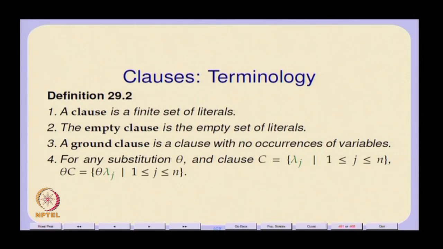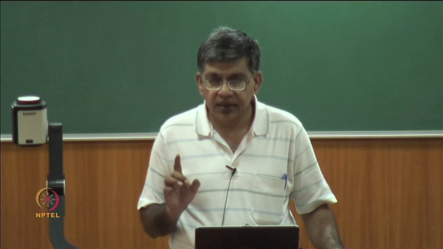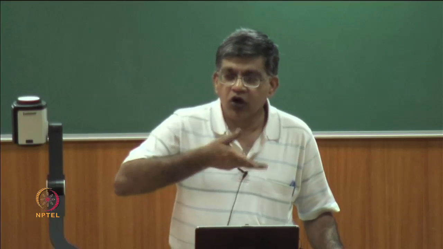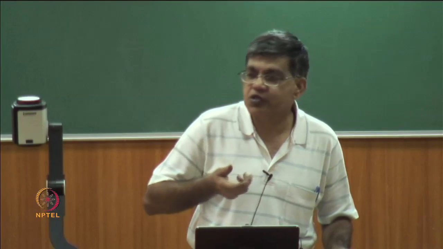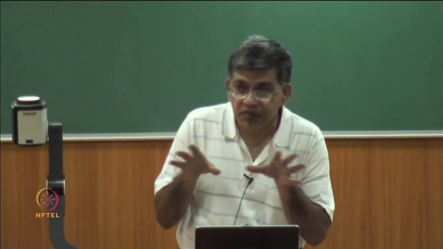Okay, so for each substitution that is what you get. If I take a clause C, remember that it is essentially to be regarded as being universally closed. So, for all possible values of the variables in the clause, you are essentially saying that the corresponding ground predicate is true. Okay.